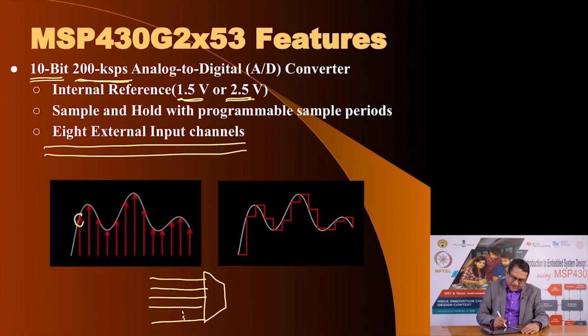If you sample it here, in reality that value will remain constant till the next conversion begins here, and so on. So, a waveform which is shown in white, once you discretize it, will be represented in the red signal that you see in this diagram. This is the result of discretization performed through the ADC.